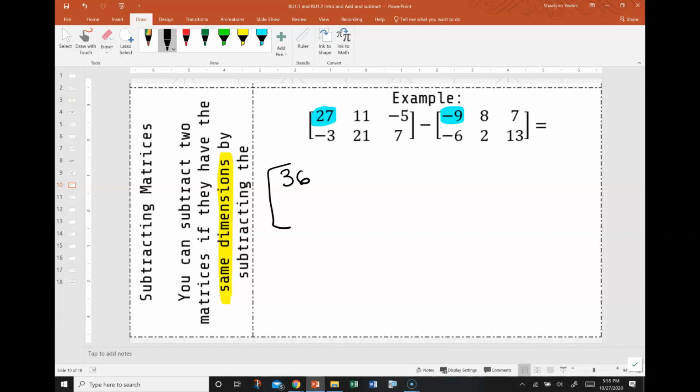Then 11 minus 8 is 3. Then -5 minus 7 is -12. -3 minus -6 is going to be 3. 21 minus 2 is 19. And 7 minus 13 is -6. And again, we did that by doing corresponding elements.